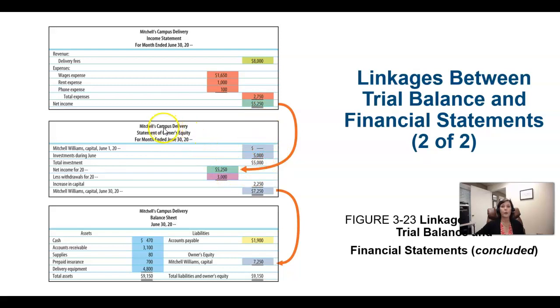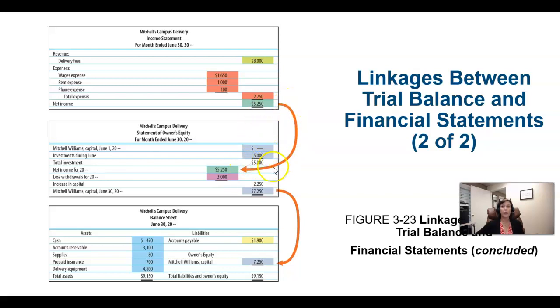In this case, Mitchell began the business this month, and so as of June 1, he had nothing in his equity account. He started the business during June and invested his $5,000. So his total investment was $5,000.